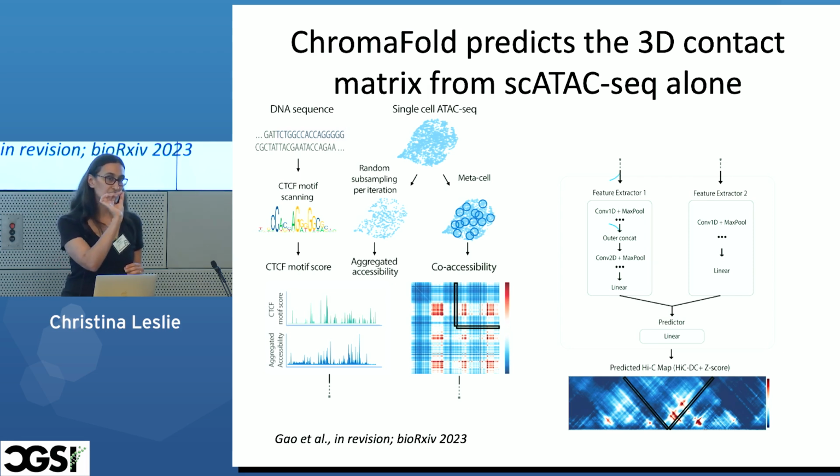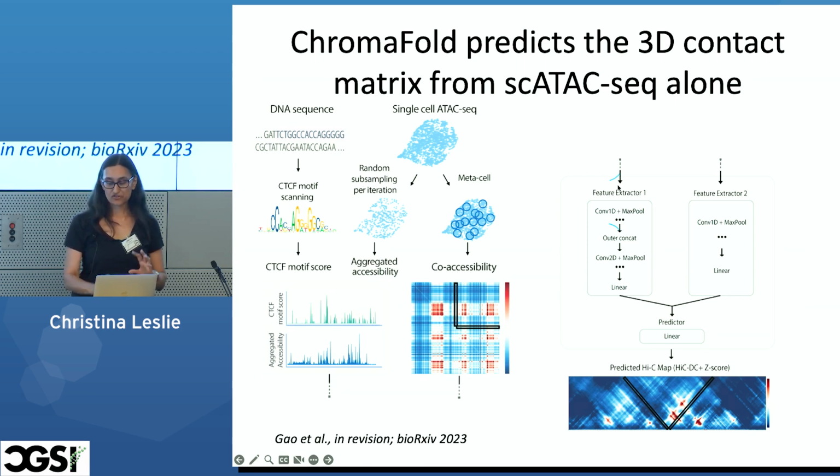We use CTCF motifs, just a motif track, because those CTCF motifs are associated with TAD structure, and that's useful. And then we also use the co-accessibility matrix over metacells. This is very similar to what Cicero did. So we have 2 feature extractors, one for the 1D, one for the co-accessibility.